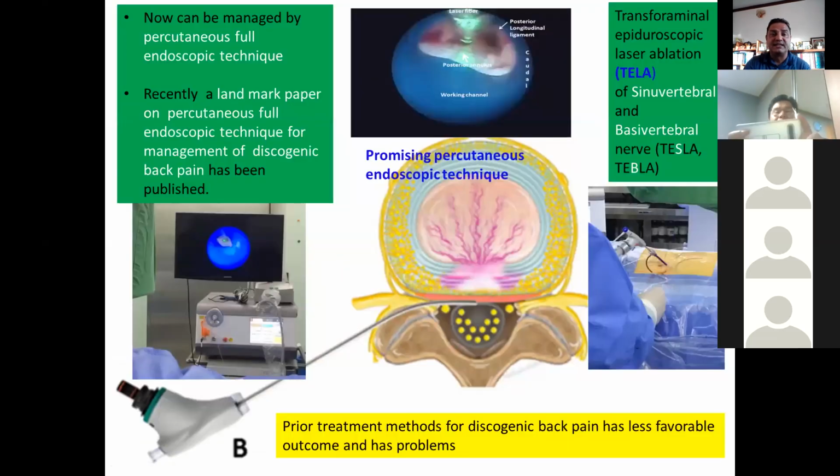Now, this discogenic back pain can be managed by a percutaneous full endoscopic technique that we call transforaminal epidural laser ablation, TELA. This is ablation of the sinovertebral and basivertebral nerves, and this is a promising percutaneous endoscopic technique. Prior treatment methods of discogenic back pain have had less favorable outcomes.